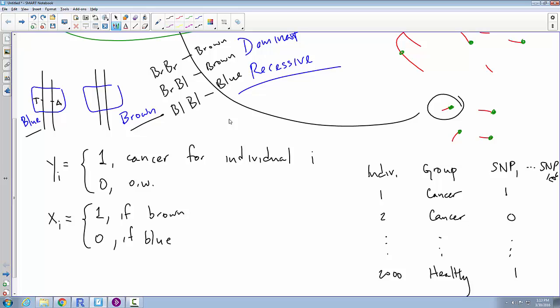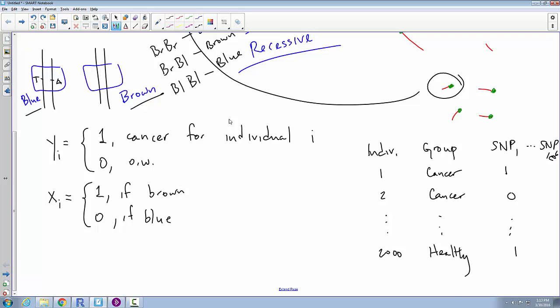If I wanted to assess SNP1, is it associated with cancer status? I could do a couple of things. I could do a simple 2-sample test of equality of proportions, like the proportion in the cancer group who had phenotype 1 for SNP1 minus that proportion in the healthy group for SNP1 divided by some standard error, like a t-test, t-statistic.